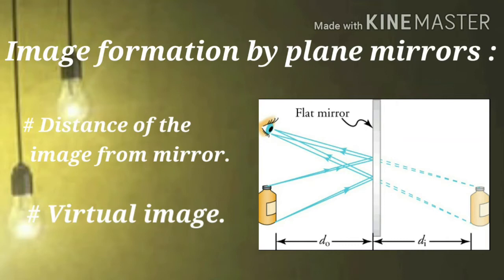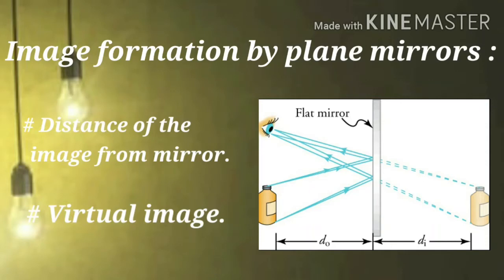And the last one, virtual image. The nature of the image is virtual, not real. Means a virtual image is mostly an erect image, and students, we know that a virtual image cannot be obtained on the screen. It is formed behind the mirror.